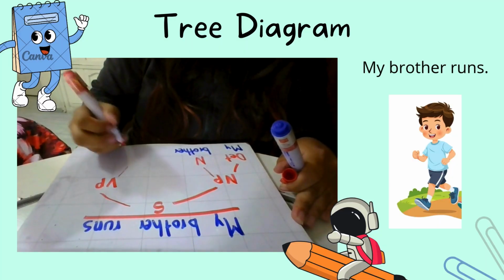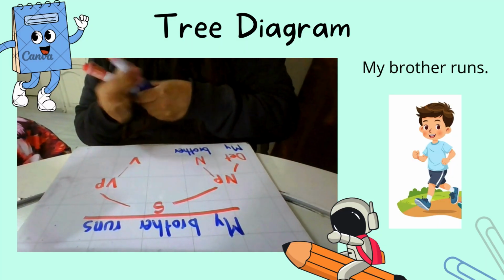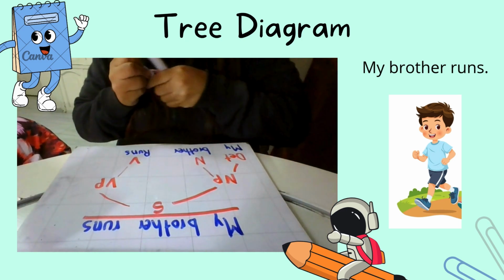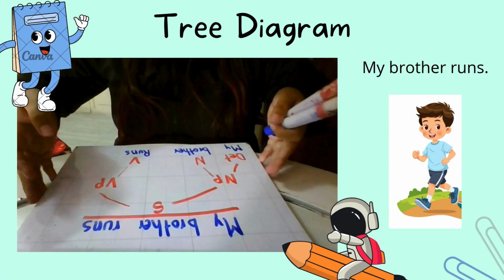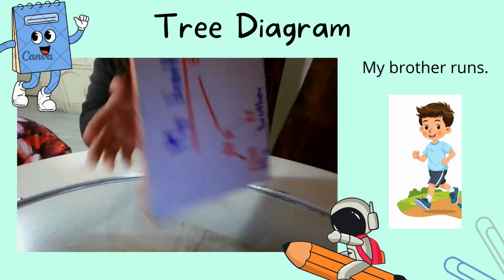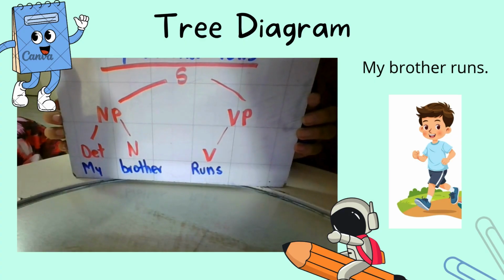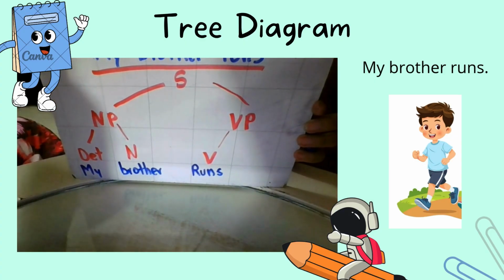Runs is a verb. These three show how the sentence is divided into smaller parts or constituents, and how each word plays a specific role in the sentence.